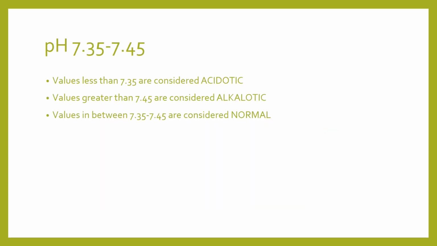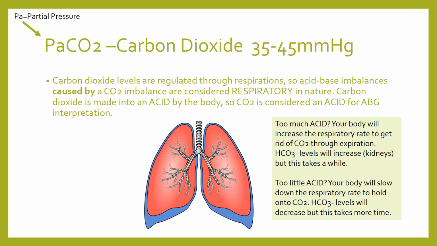All right, so again, values less than 7.35 are considered acidotic. Values greater than 7.45 are considered alkalotic, and values in between are considered normal. Again, Pa means partial pressure of CO2. So carbon dioxide, 35 to 45 millimeters of mercury.